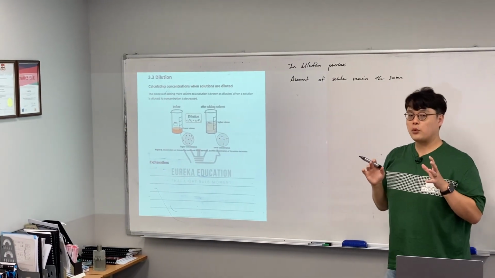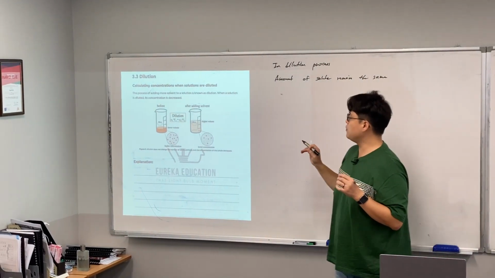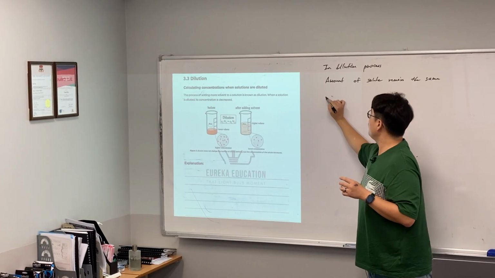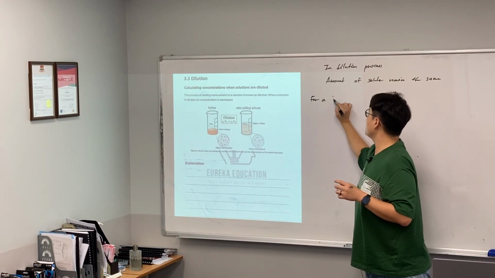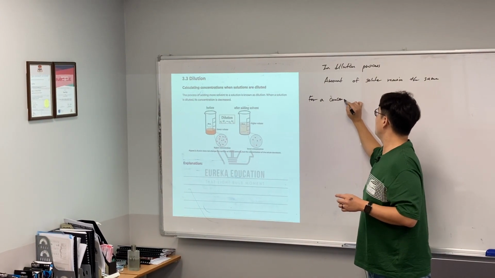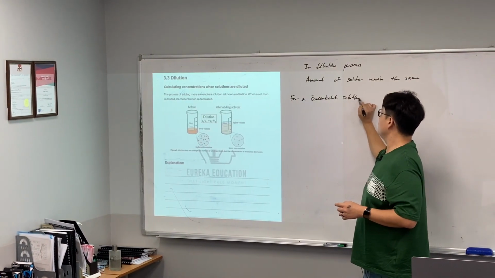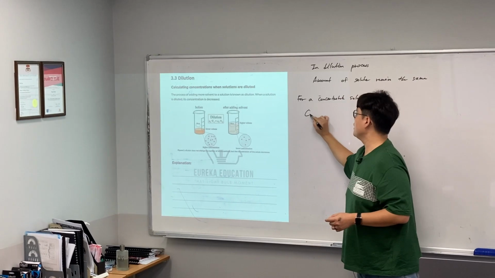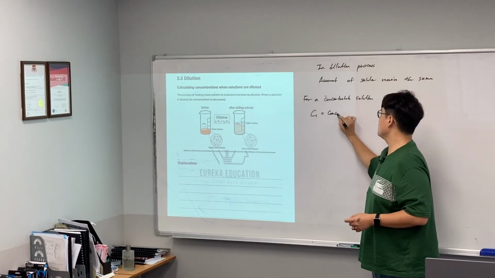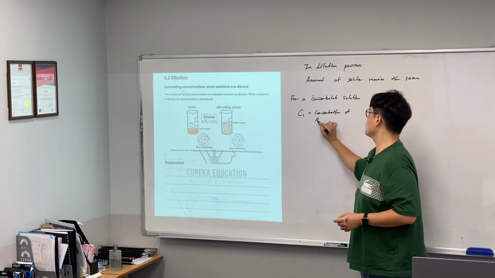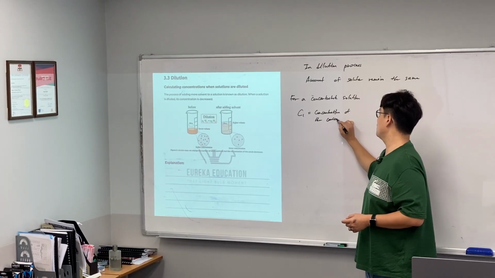This is the rule that we have to use all the time. So for example, if we have concentration 1, let's say for a concentrated solution, let's write it down as C1. That's the concentration of the concentrated solution.